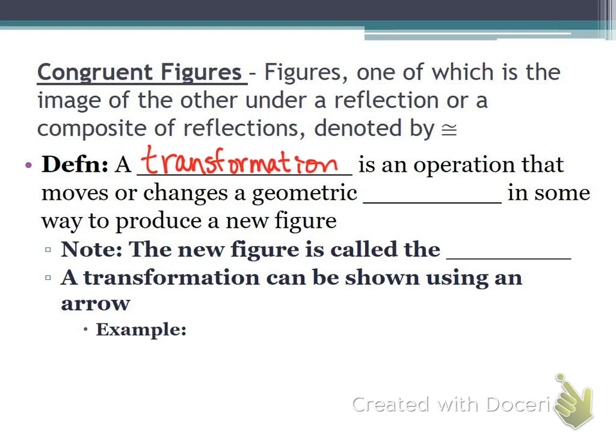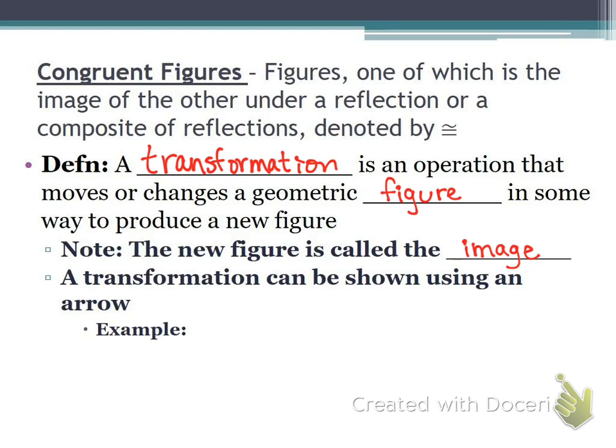A transformation is an operation that moves or changes a geometric figure in some way to produce a new figure. In the last warm-up, the picture showed a type of transformation. They moved the triangle to produce a new figure. The new figure, the final figure, is called the image.